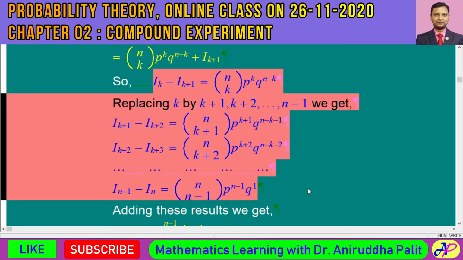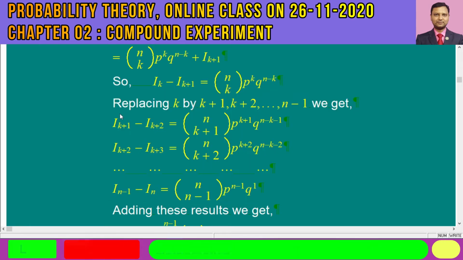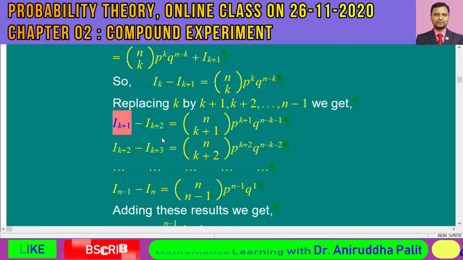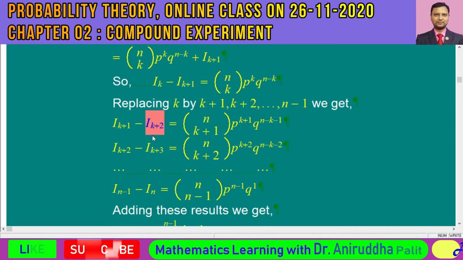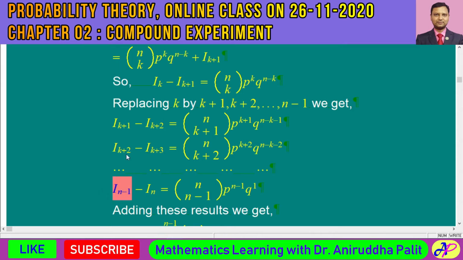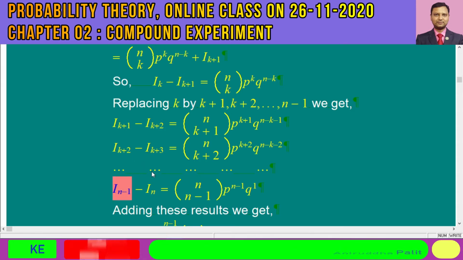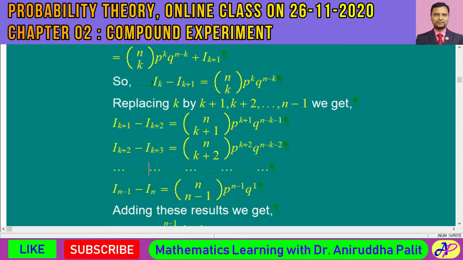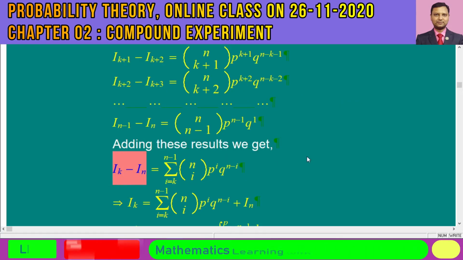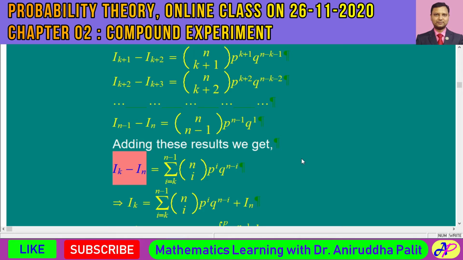If we add all these results, then what we observe is that this I_(k+1) will get cancelled with this I_(k+1). This I_(k+2) will get cancelled with I_(k+2). Similarly, this I_(n-1) will get cancelled with the previous term, and so on. So ultimately on the left we will have I_k minus I_n after addition.